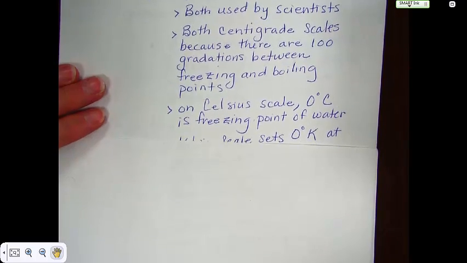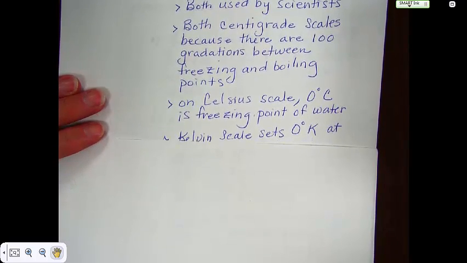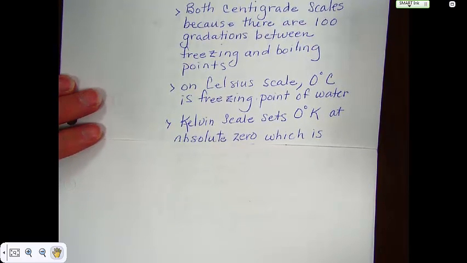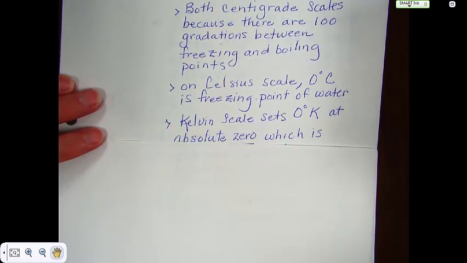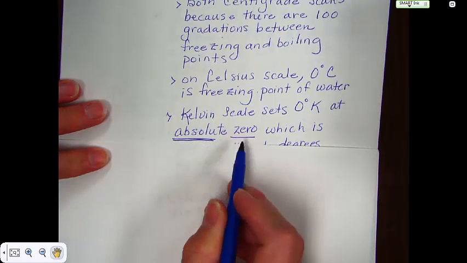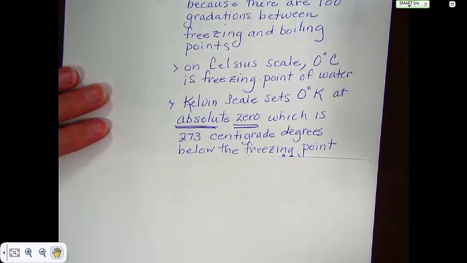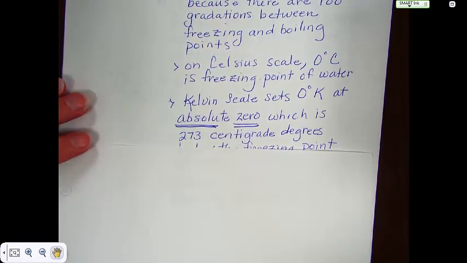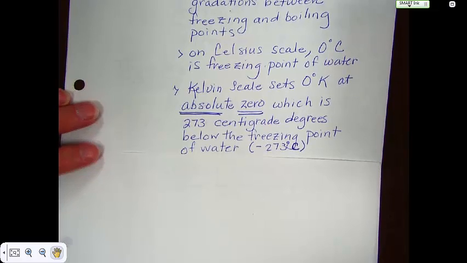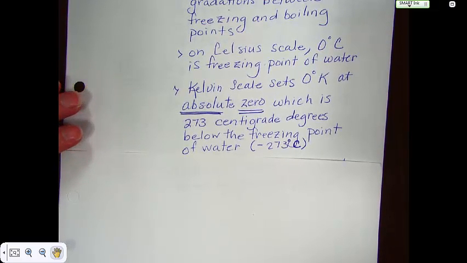On the Celsius scale, 0 degrees Celsius is the freezing point of water. The Kelvin scale sets 0 degrees Kelvin at what scientists call absolute zero, which is really 273 centigrade degrees below the freezing point of water, which is negative 273 degrees Celsius. Wow. That's really cold.